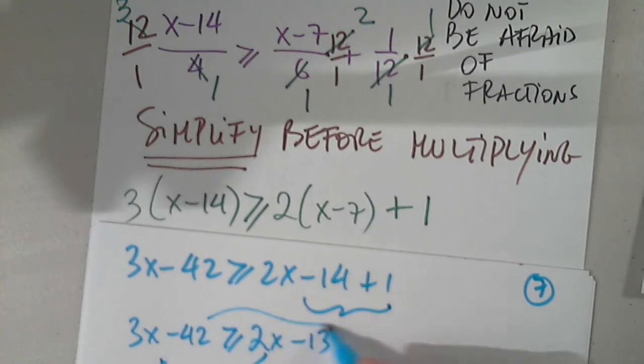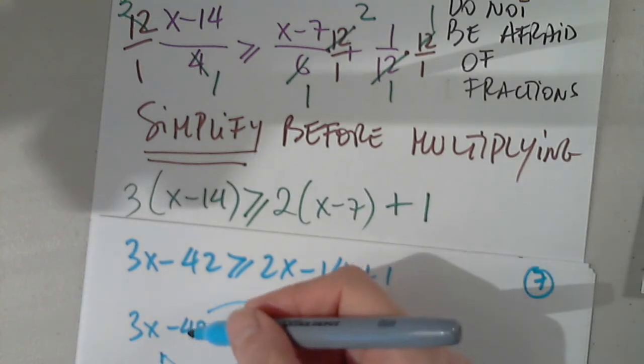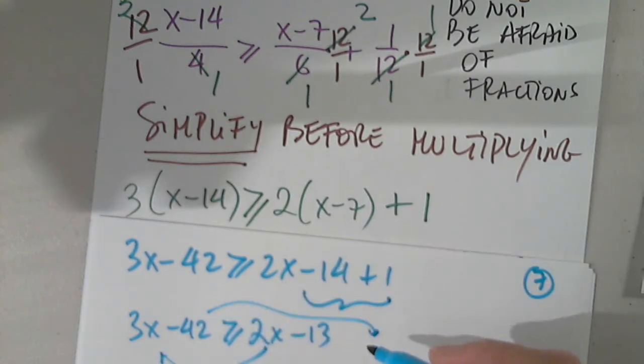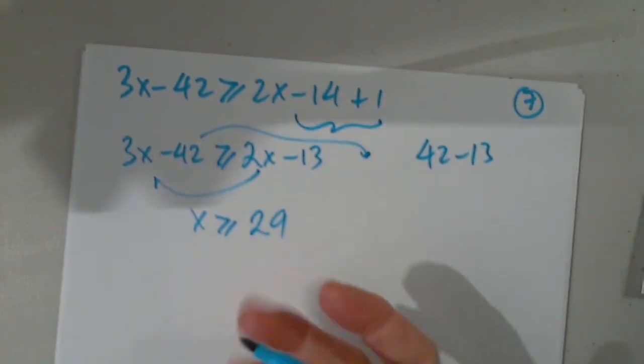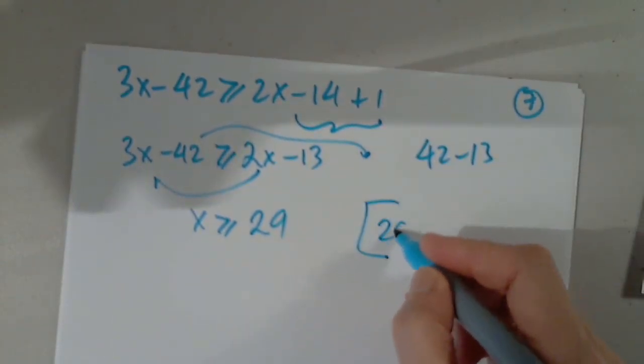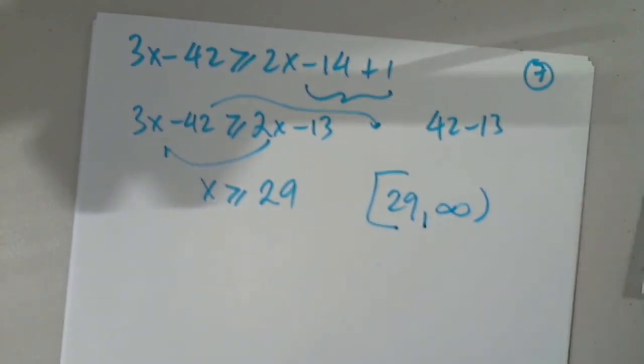I'm moving 2x, I'm moving 42. So this is x greater than or equal to positive 42 minus 13. 42 minus 13. I think I get 29. And that's the interval notation right there. 29 to infinity. Greater than, to the right hand side of 29.